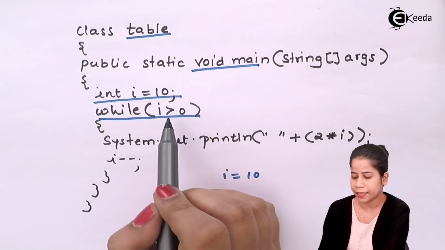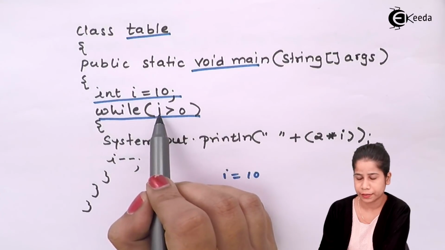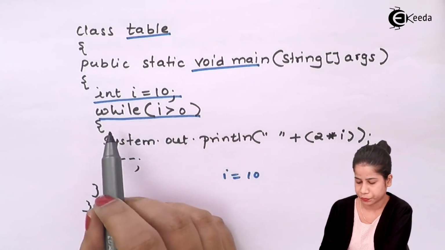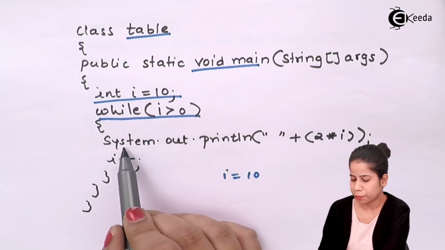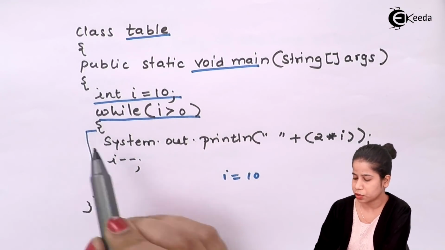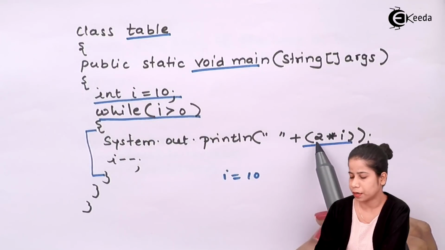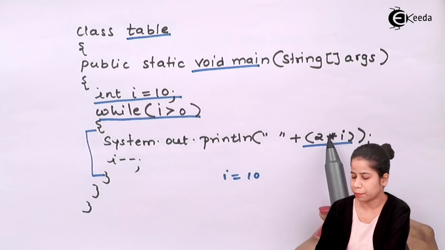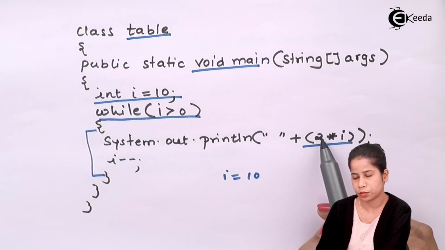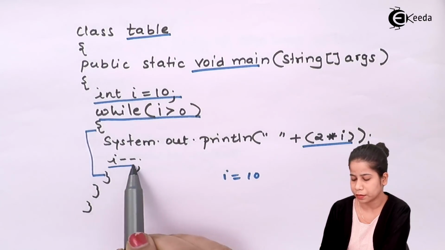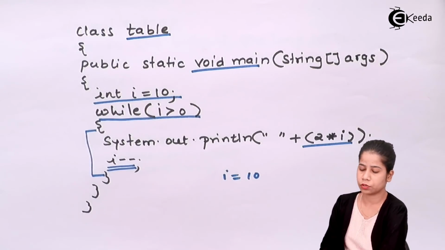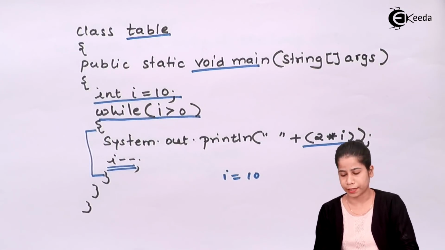So until the value of I is greater than 0, this loop will get executed. Then what operation am I performing? I'm multiplying the value of I with 2, and then I'm decrementing the counter, that is, the value of I.